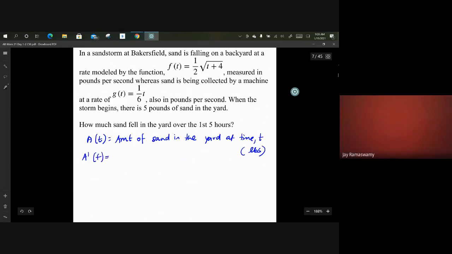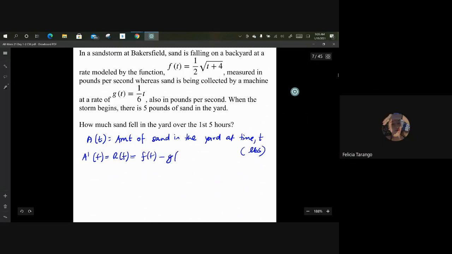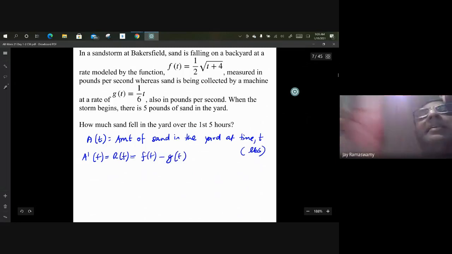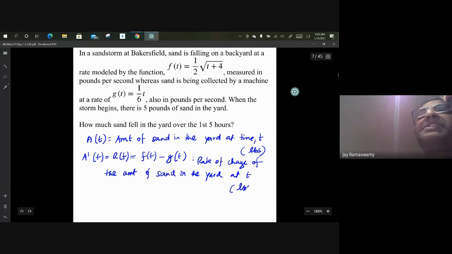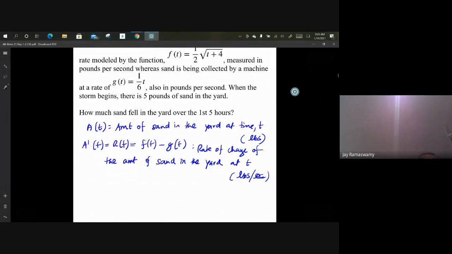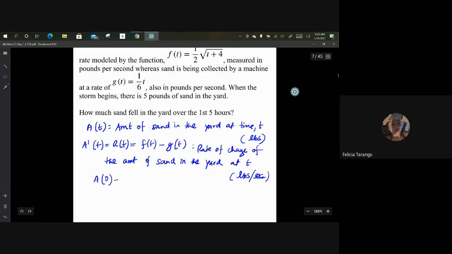And A prime of t, which is the rate of change of the amount of sand in the yard, equals f of t minus g of t, measured in pounds per second. And finally, when the storm begins, there are 5 pounds of sand in the yard: A of 0 equals 5.